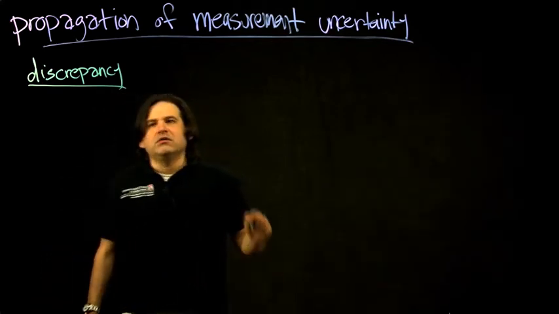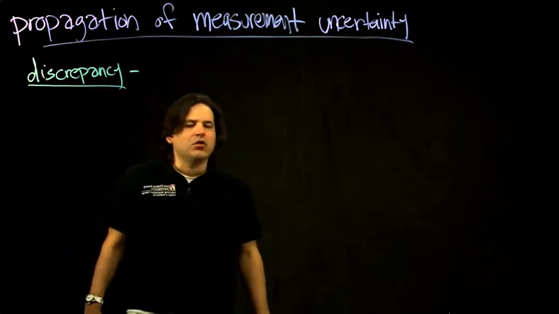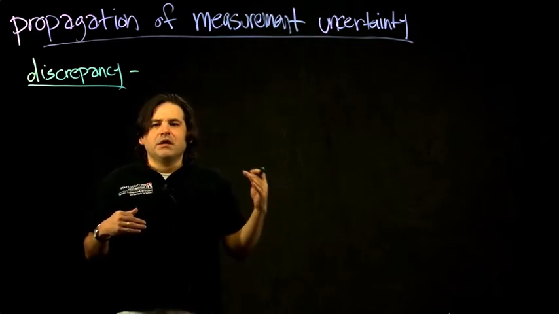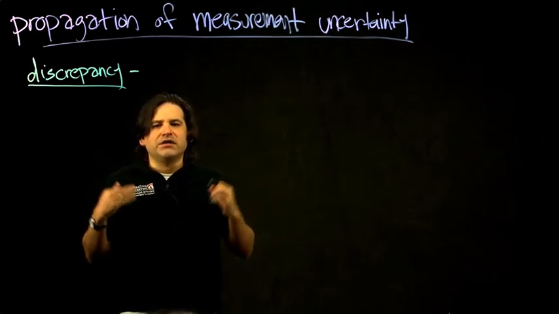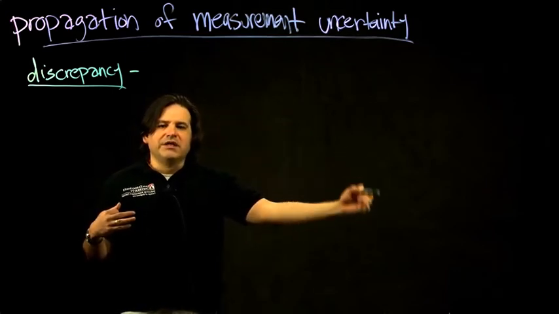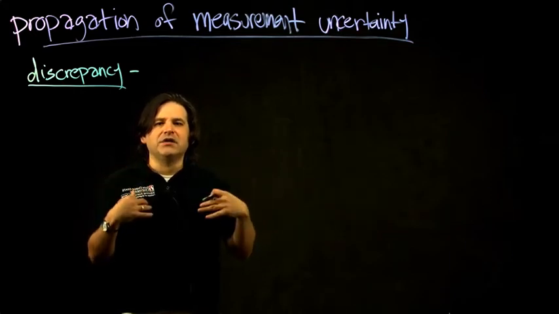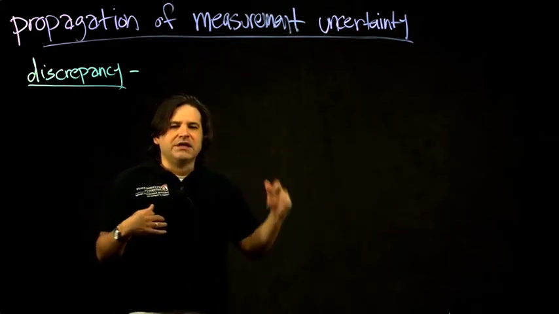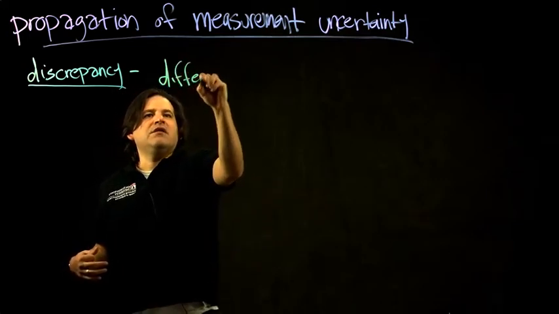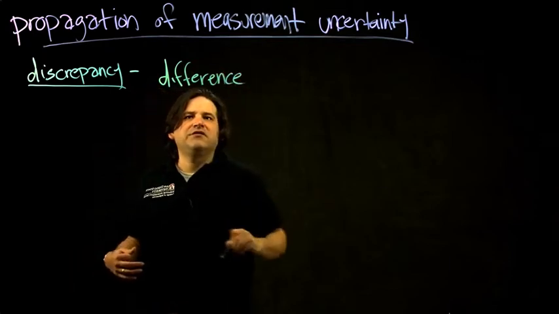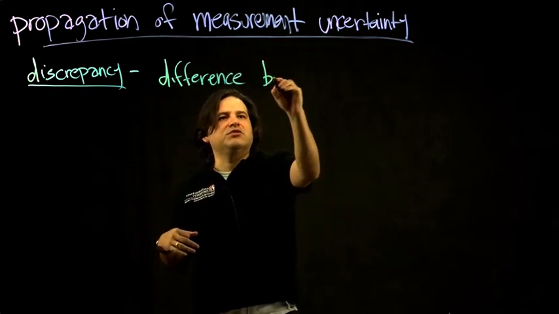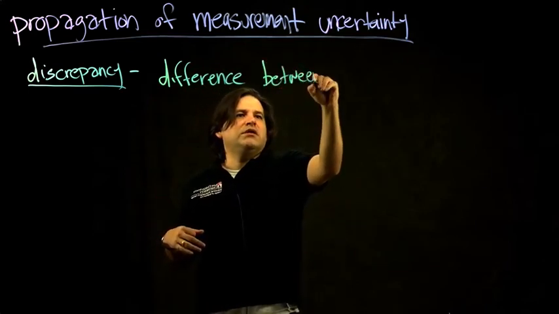This topic is important because if you're trying to use measurements to answer a question, one of the things to ask is how does this measurement I'm taking fit into other measurements that have been done, other measurements that I have done, or comparison to an accepted value. That can be discussed in terms of discrepancy, meaning if I have a certain value, how does this compare to other values? And that's quantified by taking the difference, by subtracting them from each other.